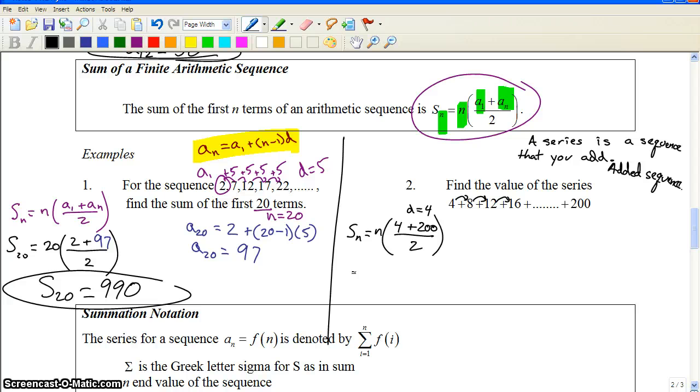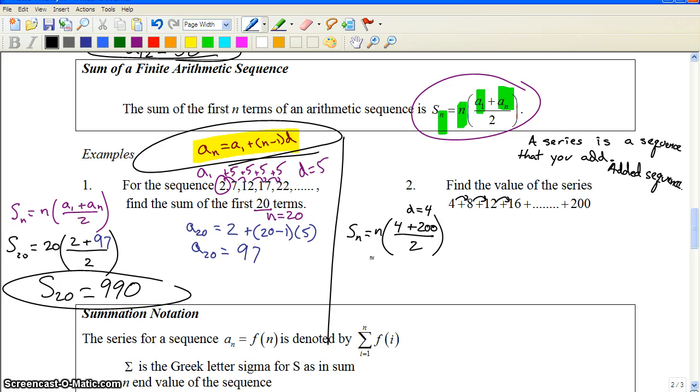So in order to find out what n is, guess what we do? We go back to other stuff that we know. We go back to this equation right here, and we solve it. So we substitute the information we know from this series, or this sequence that's represented as a series, into the closed form, and we figure out what the nth term was.